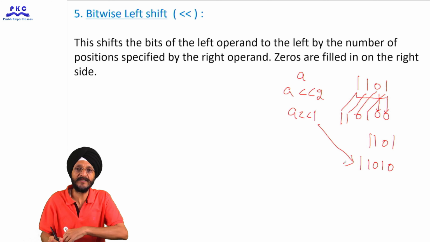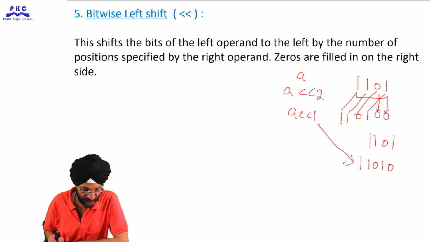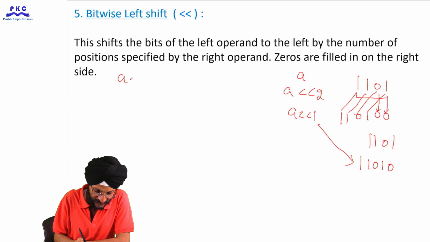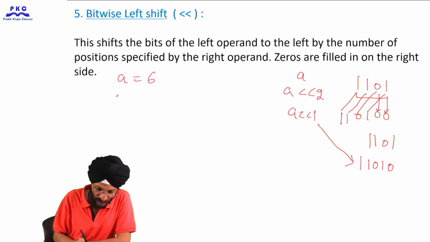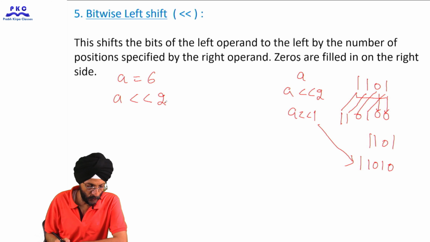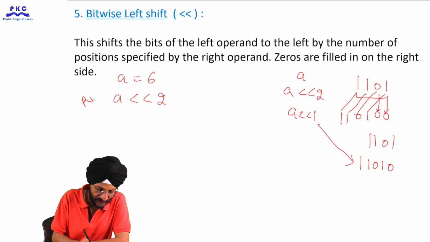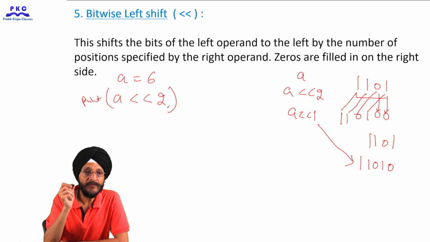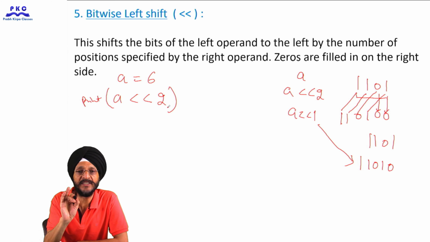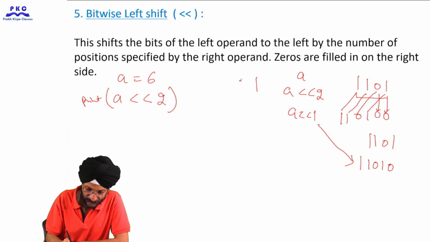Now we understand the same in detail with the help of an example. Suppose we have a is equal to 6. Now we have a left shift 2 and we use the print function. What will be the output? So now we will first convert 6 into binary. As already told, this will be the format.